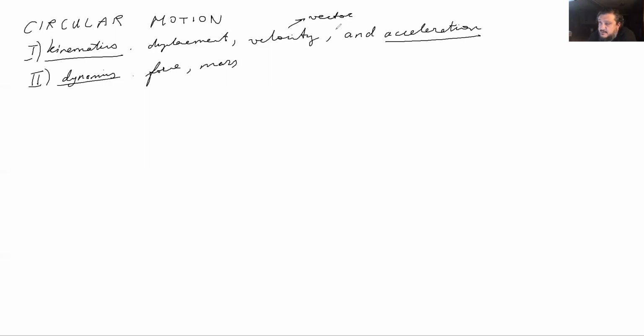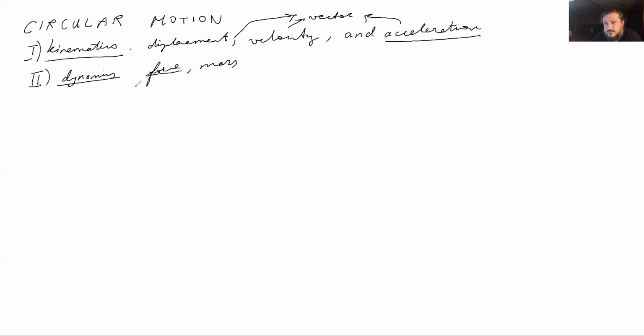And the change in velocity leads to acceleration, which is also a vector. Displacement is also a vector as well. And velocity has to do with the change in position, which is displacement. All right? So again, what is the root cause for acceleration? That is force. So once we involve force, therefore mass, which are related to acceleration, we call this dynamics.